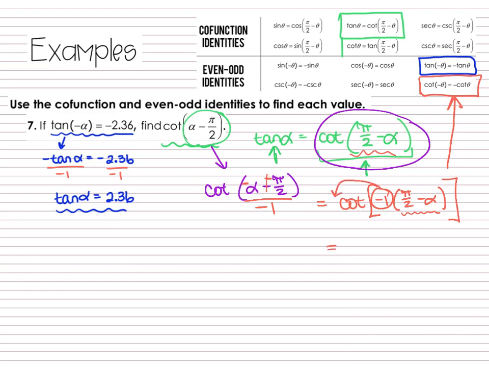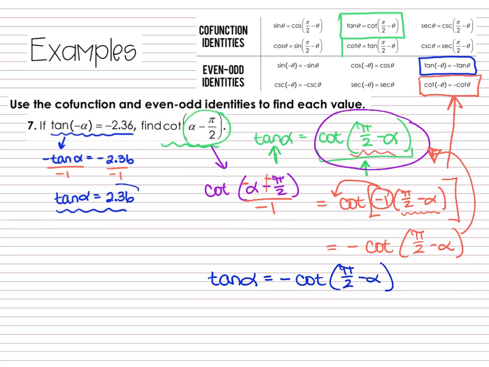So what we now have is negative cotan of pi over 2 minus alpha. This now matches up with what we know based on an identity. So, full circle, the tangent of alpha is equal to the negative cotangent of pi over 2 minus alpha.